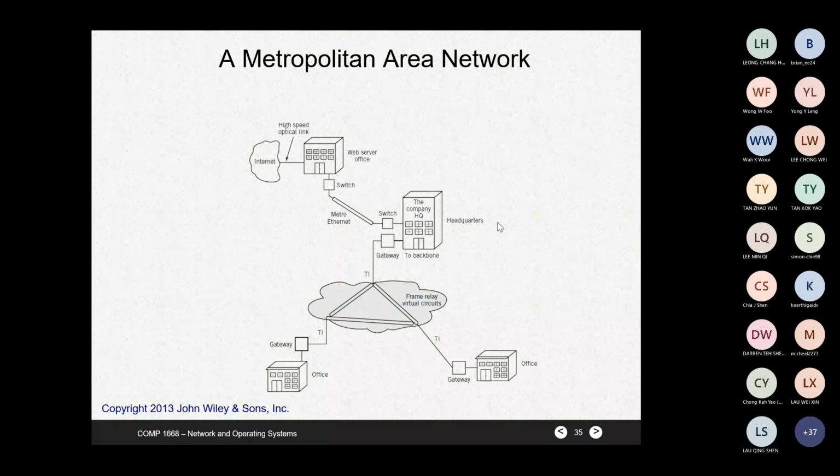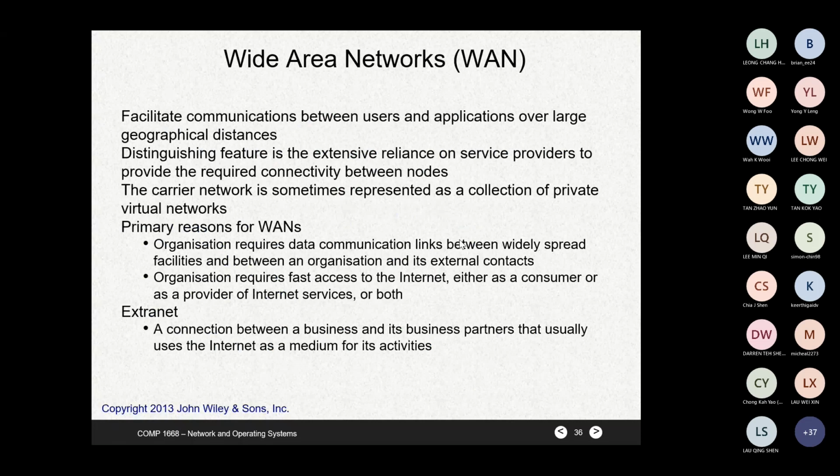They will give you two sites and you need to design such a diagram using all the proper cable links or connectivity with proper network devices, and design this whole metropolitan area network, like what you see now. It's connecting three sites with proper network devices and communicating channels. Wide area network is even larger, bigger than the MAN.